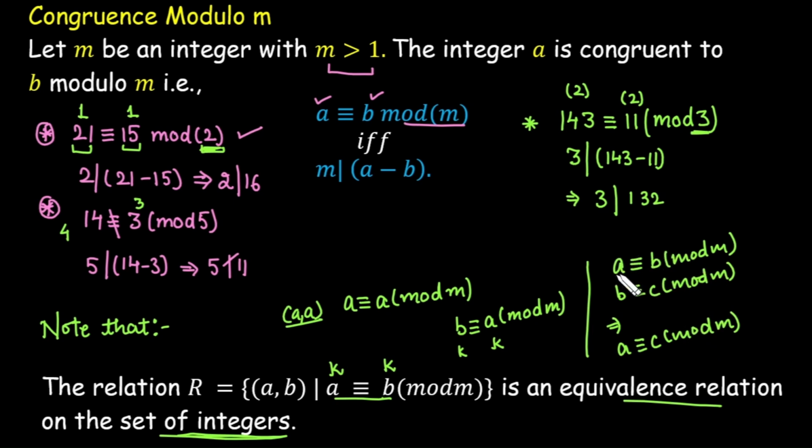A is congruent to B mod M means the remainder is same, let it be K. B divided by M gives remainder K, and as B and C are congruent, C divided by M also gives remainder K. So in these two cases the same remainder is there. Hence it is transitive also. So this is just a brief overlook, but the proof is a little different. That will be uploaded in the upcoming videos.